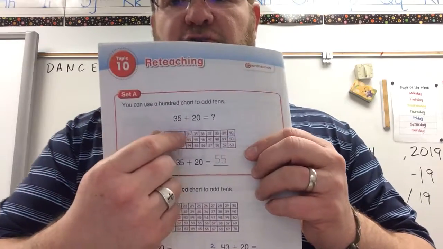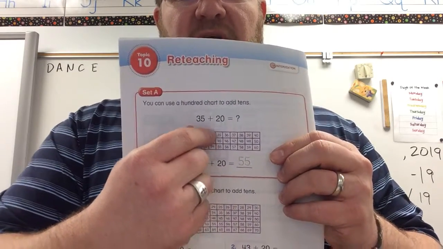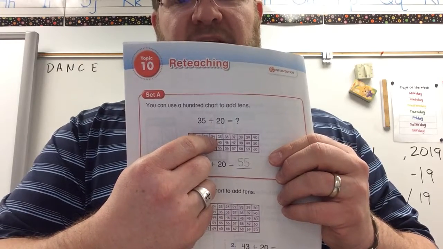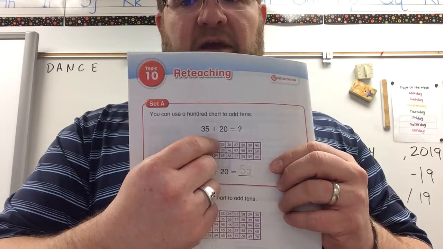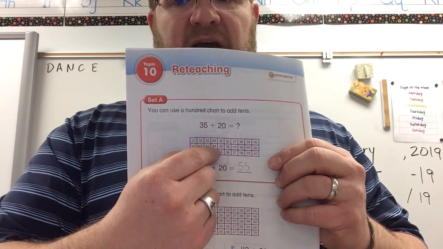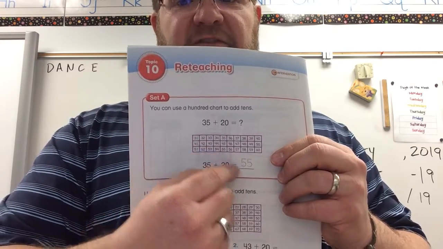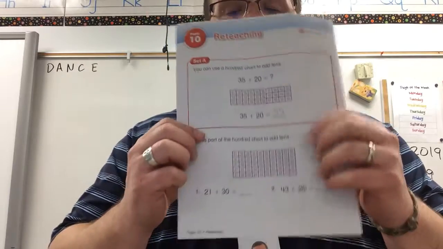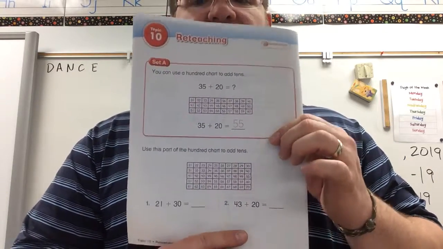That's right, it's 2 tens. 20 is the same thing as 2 tens, and so that means we move down on our hundreds chart 2 times, because each time we move down, that is a 10, right? We're adding a 10 every time we move down. So we start at 35, we move down 2 times for our 2 tens, and we stop at, that's right, 55.